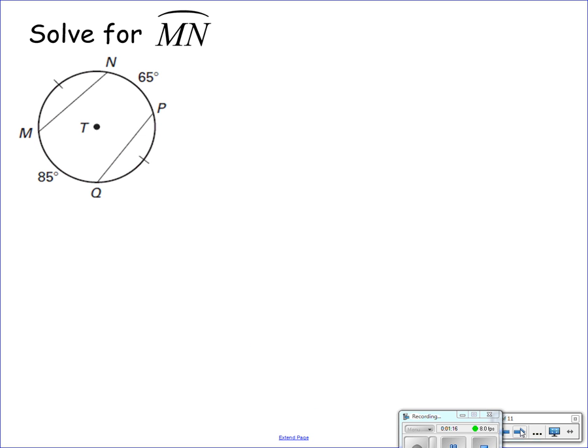So our first example, we're solving for arc MN, not the length, the angle measure, I should say, or the arc measure. So I know that 85 plus 65 plus arc MN plus arc QP is going to equal 360 degrees.